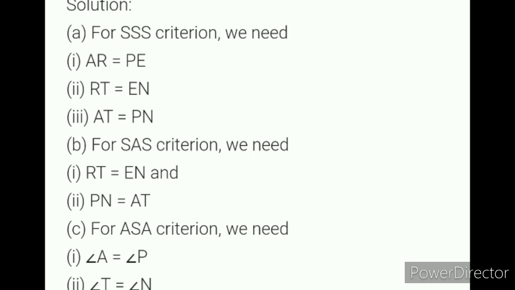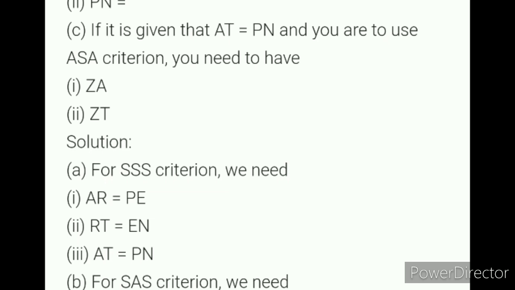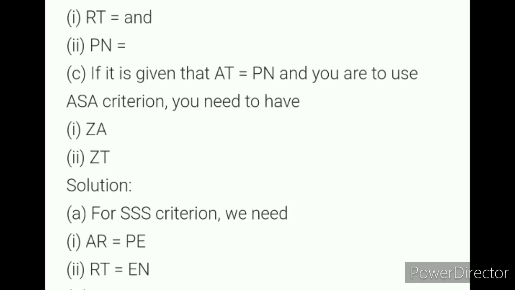Third part of the question, if it is given that AT equal to PN, one side, and you are to use ASA criterion, you need to have, actually this is the angle symbol, not Z, it is the angle symbol, I will show like this.